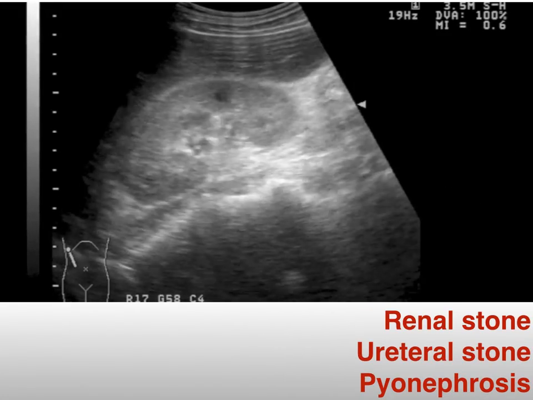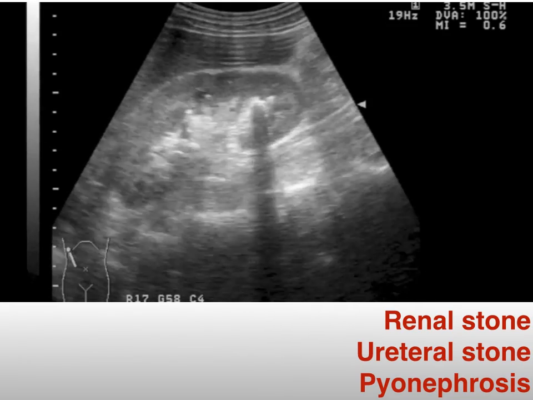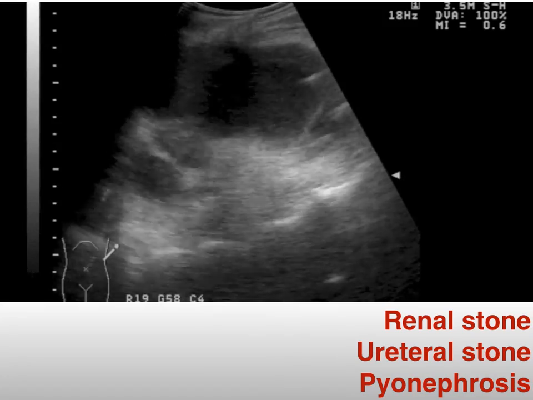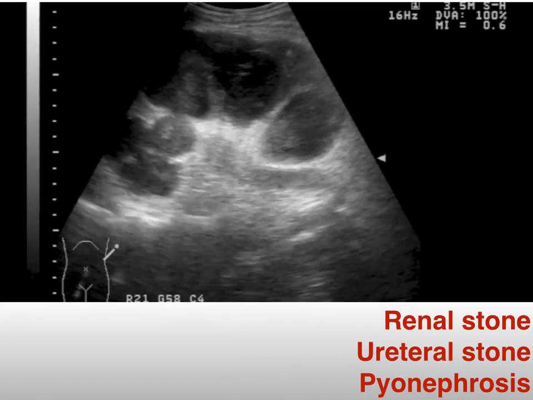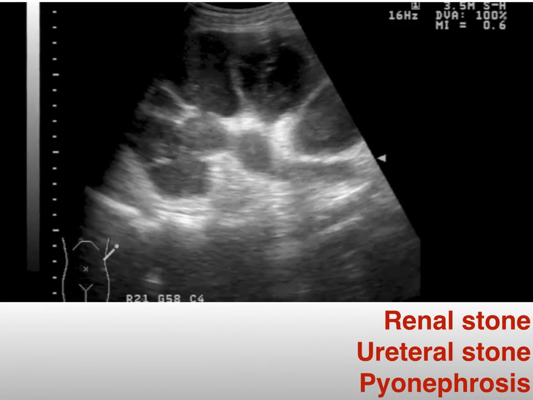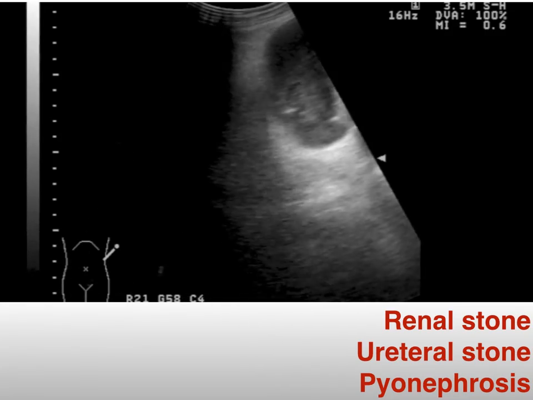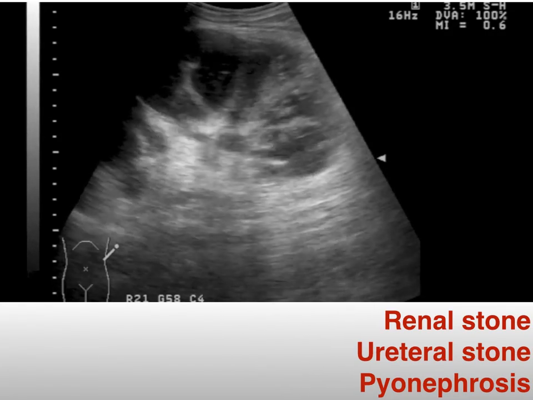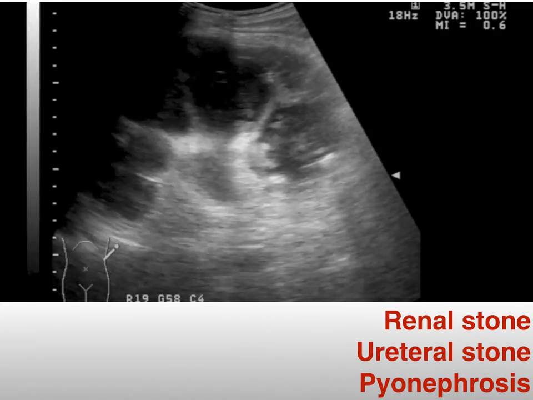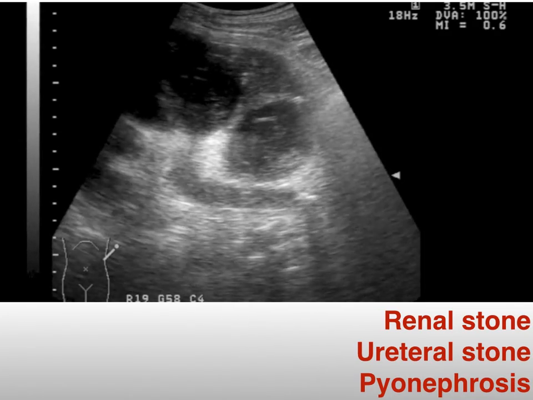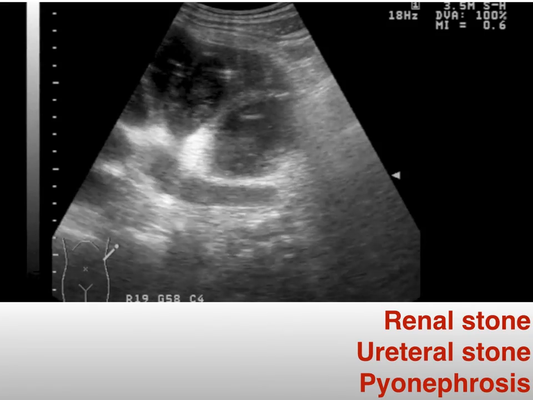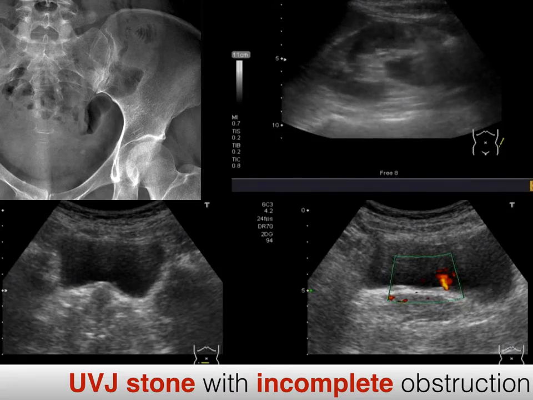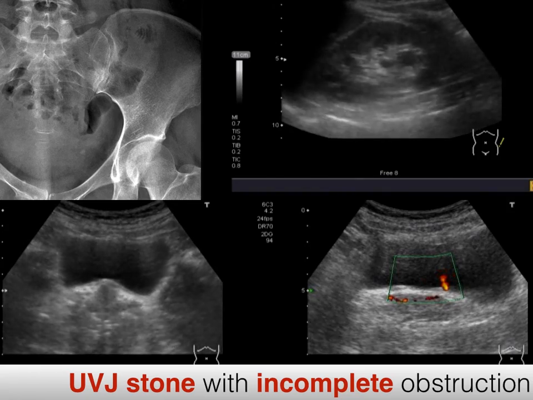Easy, right? Hyperechoic with acoustic shadow, so it's a renal stone. And how about this? Dilated, right? But the echogenicity inside is increased, with hyperechoic content within. So the patient has pyonephrosis because of this obstruction, from the indirect to the direct evidence.